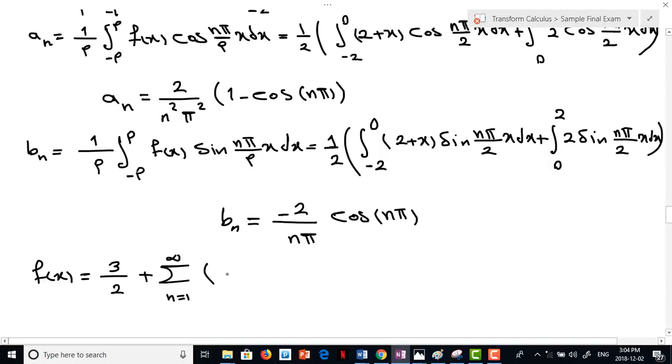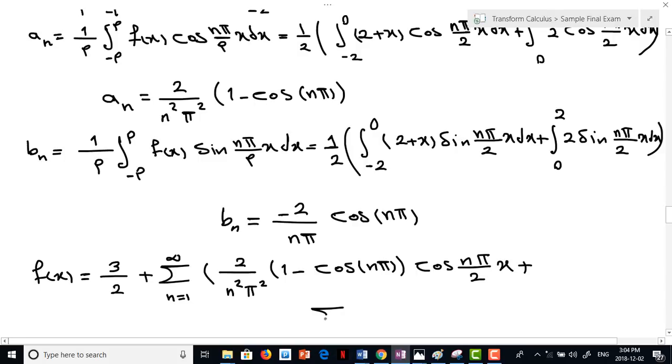So it's going to be an, we already found it: 2 over n squared pi squared, 1 minus cosine n pi, times cosine n pi over 2 x, plus summation of bn. bn is minus 2 over n pi times cosine n pi, times sine n pi over 2 x.